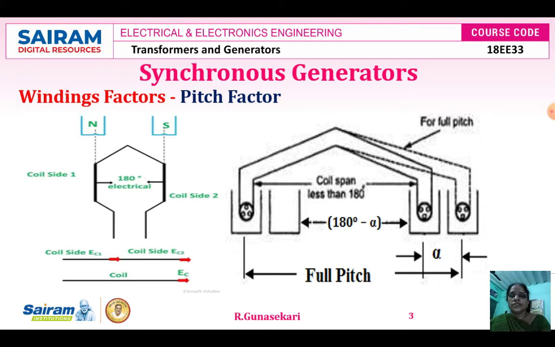What is the phasor diagram for the full pitched winding? Coil side EMFs EC1 and EC2 are in phase, so the resulting EMF per coil is EC only. So here we have both the short pitched and the full pitched winding.